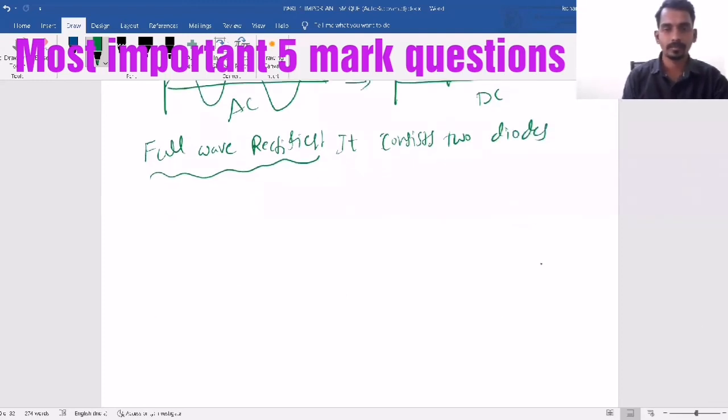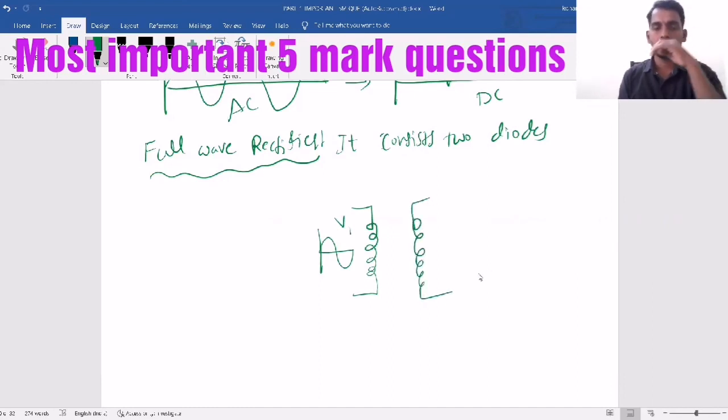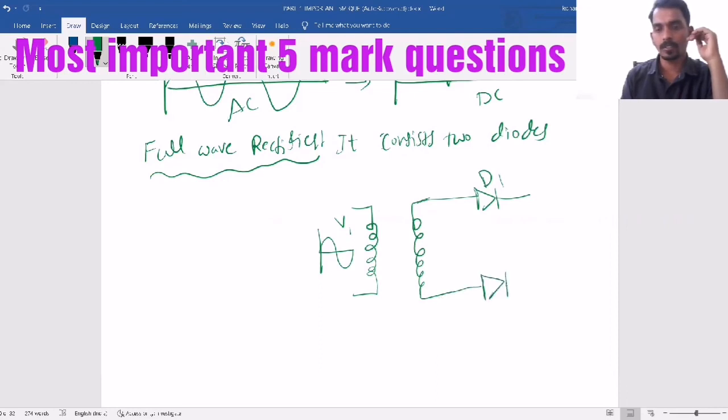Now let's take the diagram. You apply the same way. This is the primary coil. Now here we are giving the input. Here this is the secondary coil. Here one diode D1, and here one diode D2.